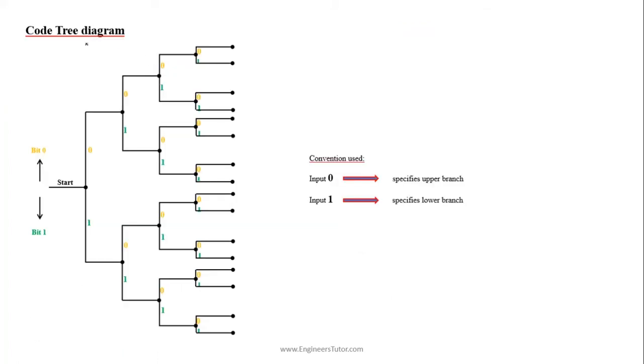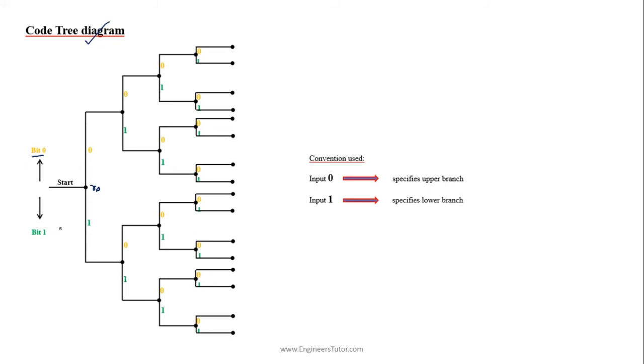We have obtained the state table, so now we are ready to draw the tree diagram or a code tree diagram. See, this is the root node and the branches go up and down. If the incoming bit is 0, the tree grows upwards.